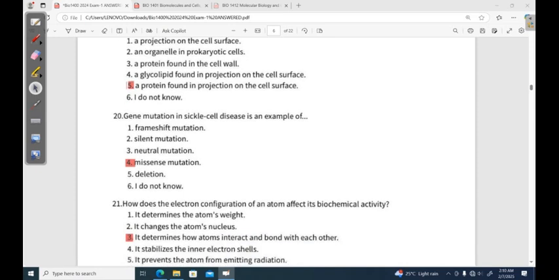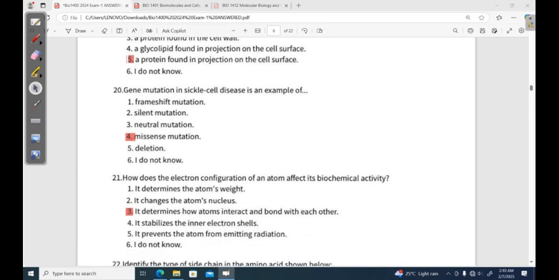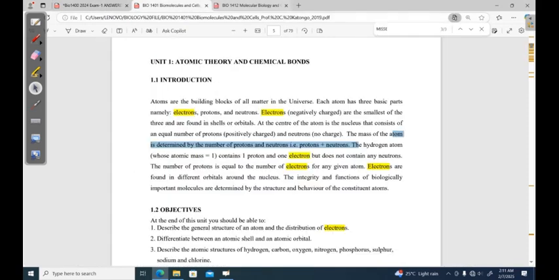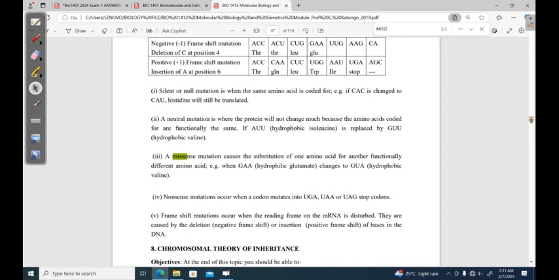20, gene mutation in sickle cell disease is an example of 1, frame shift mutation, 2, silent mutation, 3, neutral mutation, 4, missense mutation. Here I'm just going to run you through some of the types of mutations that we have.